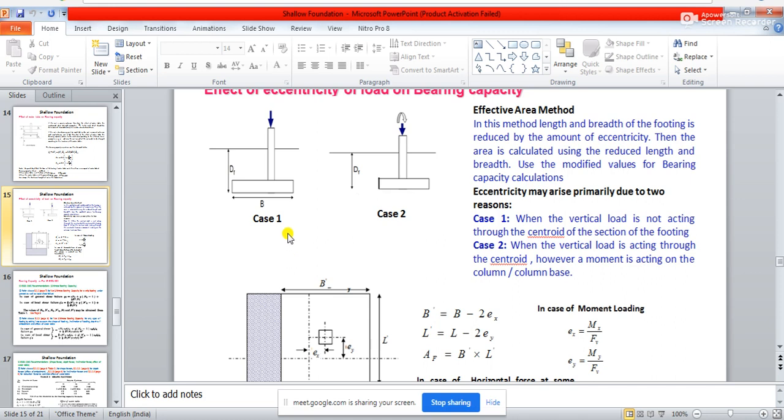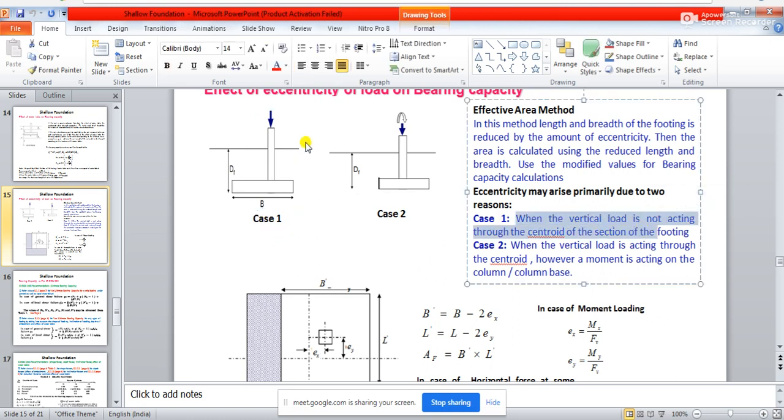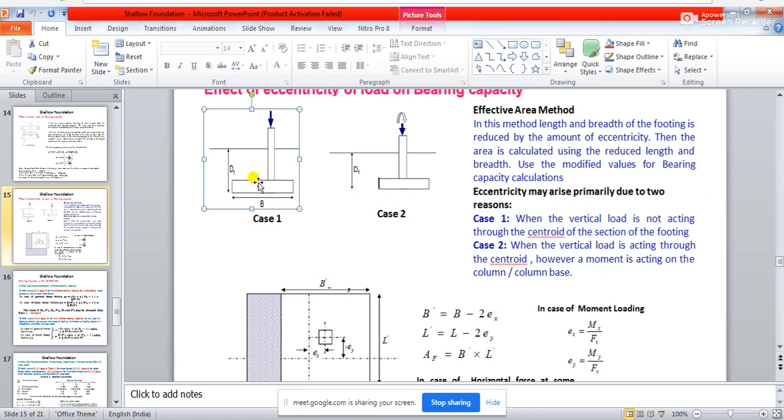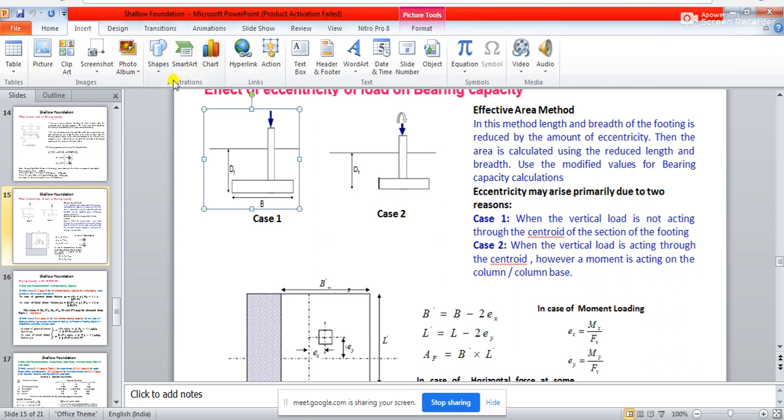However, you see in case 1 what is happening, the vertical load which is coming from the column to the footing is not acting at the centroid of the footing. If the load was at the centroid of the footing, it would have been somewhere here, but instead of that you see the column is placed over here.